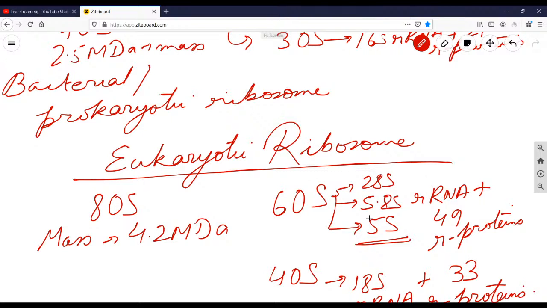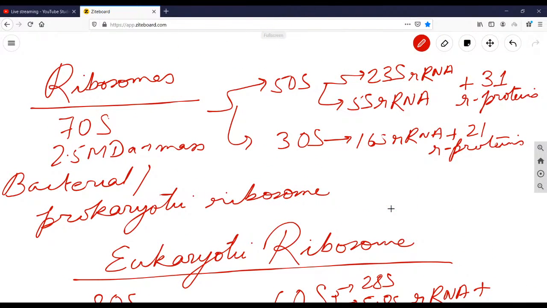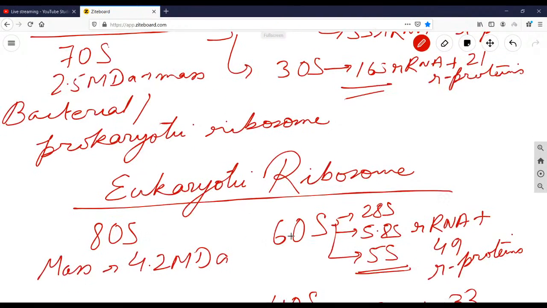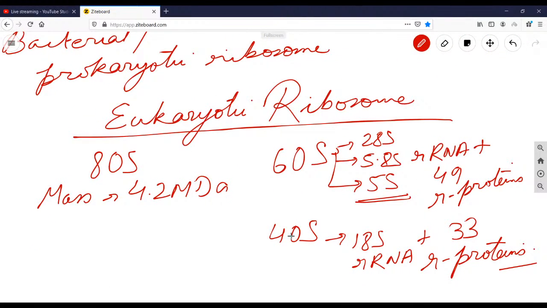And then it has also got an extra 5.8S rRNA, which is missing in the prokaryotic counterpart. There is no 5.8S. The first one is 23, here it is 28, and 16S. From the 30S subunit, you have got 16S rRNA plus protein, here you have 18S plus protein.